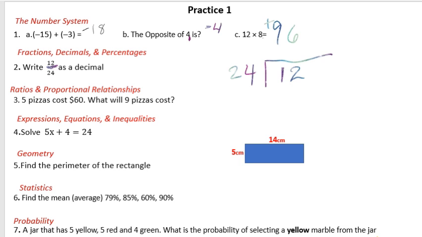Well, the only number that would be close to 1 would be 0. If I wrote them out, 24 times 0 is 0, 24 times 1 is 24, 24 times 2 is 48, and so on.